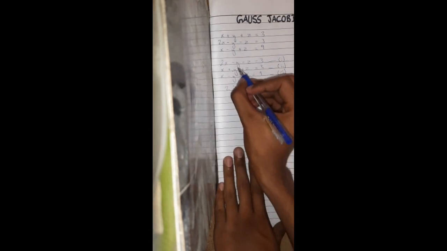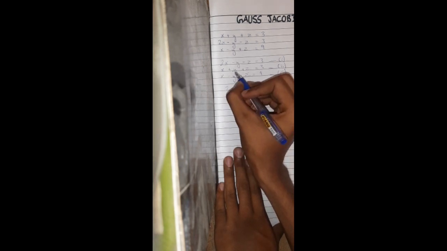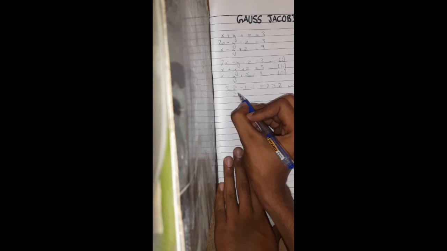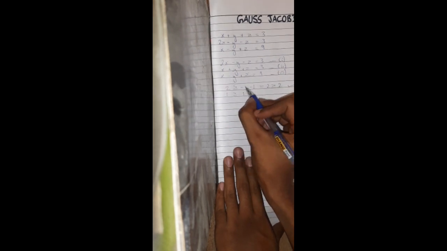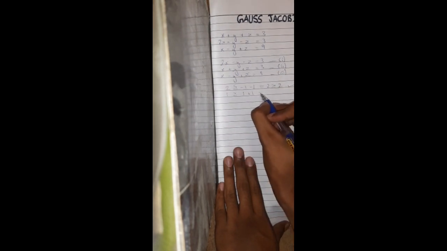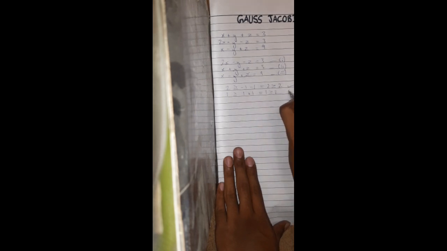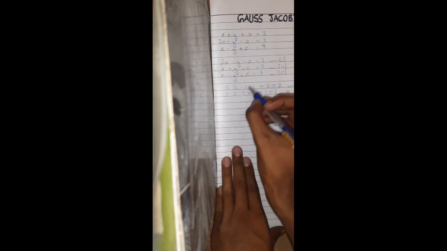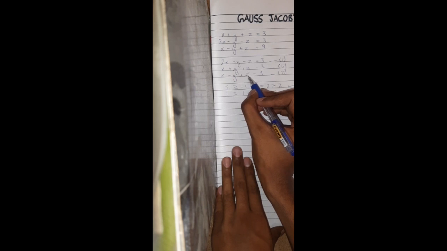Now we will check equation number 2. The coefficient of y is 1. So 1 is greater or equal to 1 + 1, that is, 1 is greater or equal to 2, and this is not correct. Similarly, for equation number 3 we check for z.